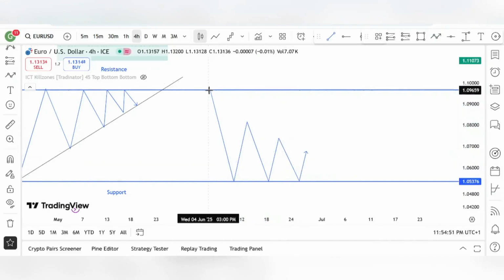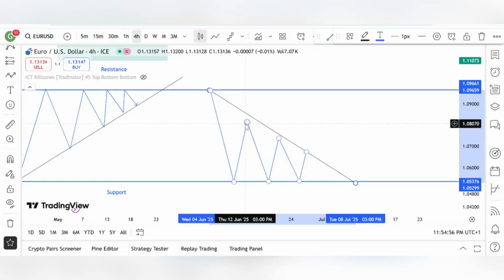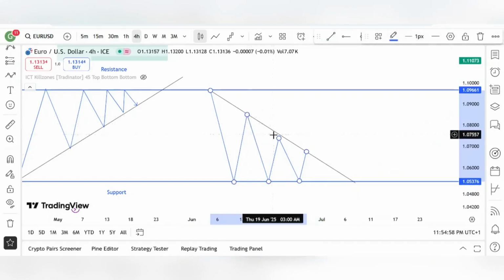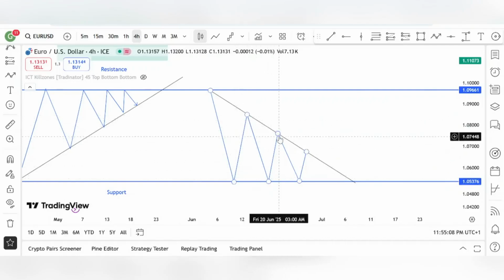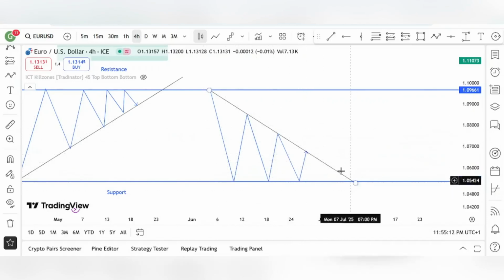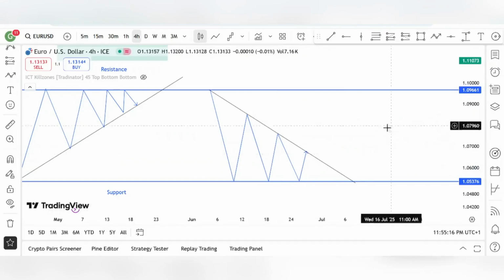We can draw a descending trend line, right? So now we can say, okay, this trend line is indicating that this is the resistance. So what can you do? You can buy from support and sell from resistance, as the case may be, until this channel is exhausted. Very important.